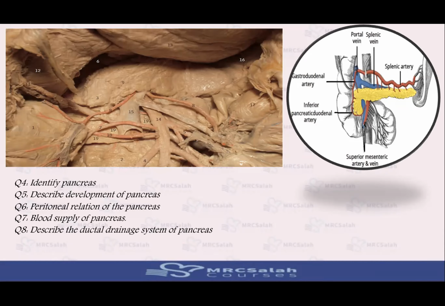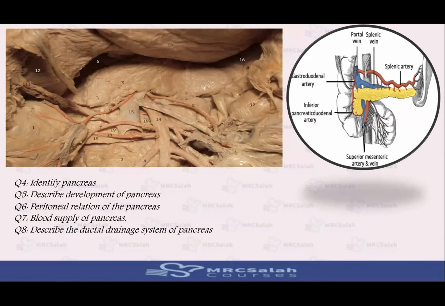Okay. Next question, what is the peritoneal relation of the pancreas? From posteriorly is the superior. No, I mean the relation of the pancreas to the peritoneum. Okay. It is retroperitoneal, just the tail is intraperitoneal. Exactly. Okay, next question. What is the blood supply of the pancreas, Dr. Tadros? And please, the answer should be the same way as we said for the stomach.